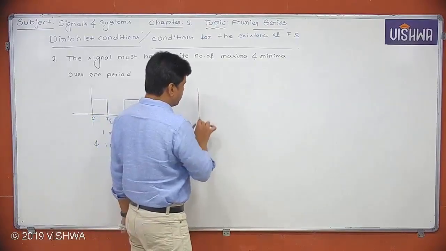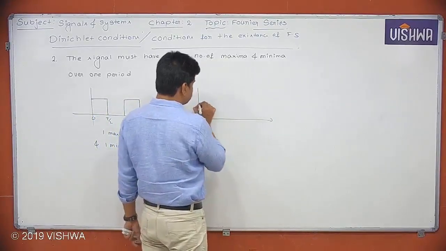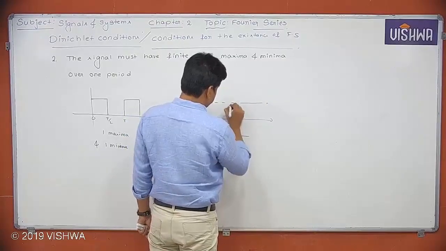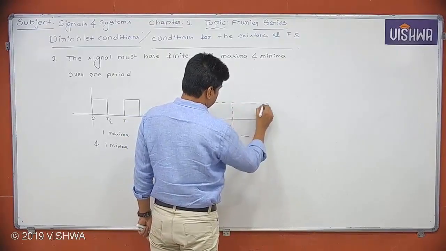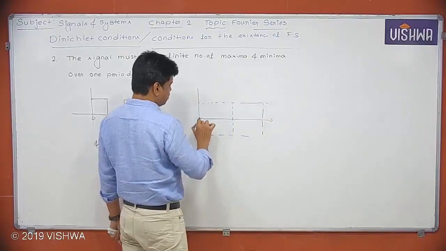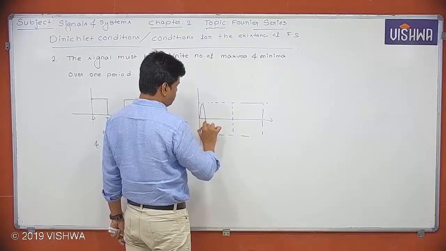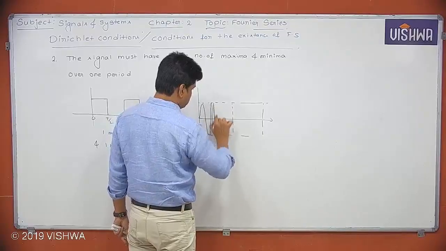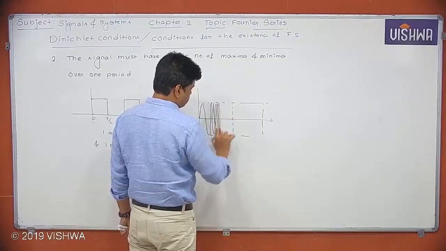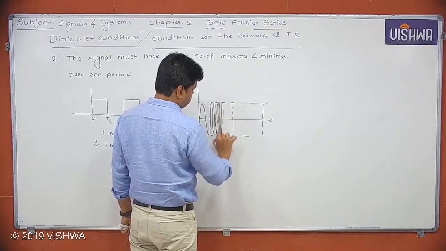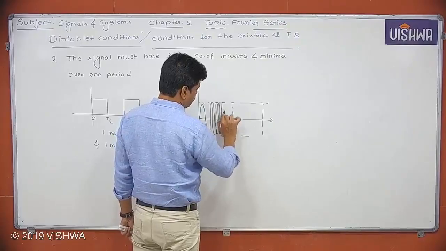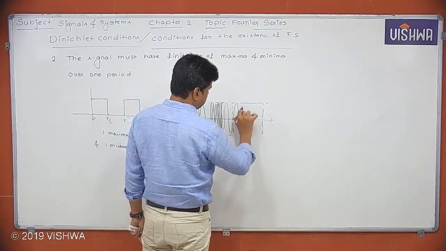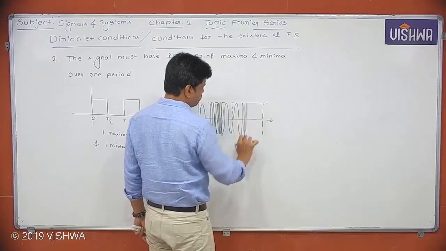Suppose I take a signal, let's call it an FM signal. Let's say the signal has a frequency which is increasing, like this: more frequency, less frequency, again the frequency is increasing.